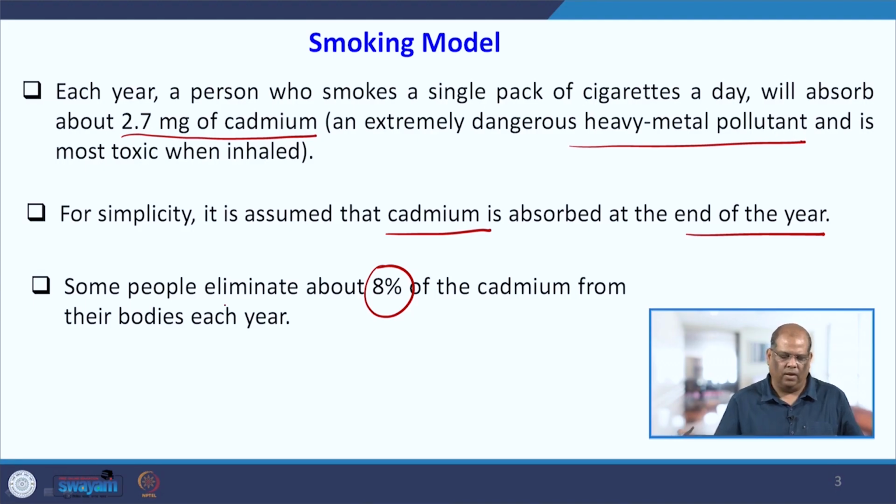Some people eliminate cadmium from their bodies each year at 8%. It could be 6%, 7%, even 9%. It depends from person to person. So with this information, the elimination of cadmium is at the rate of 8% and 2.7 mg of cadmium is added every year.